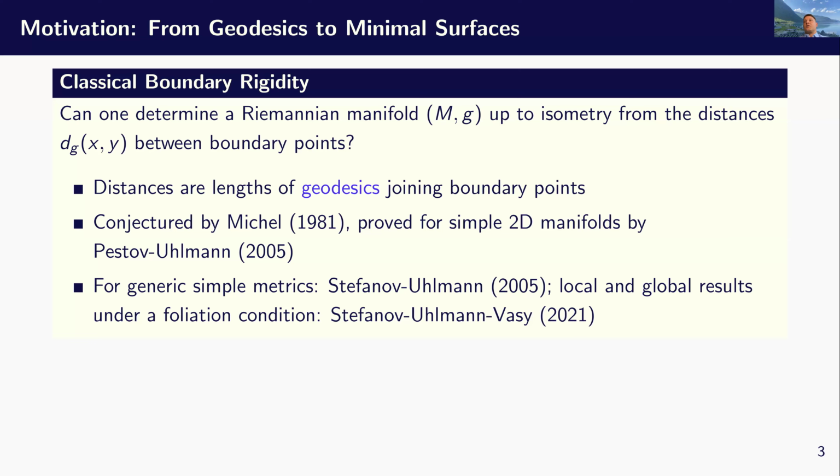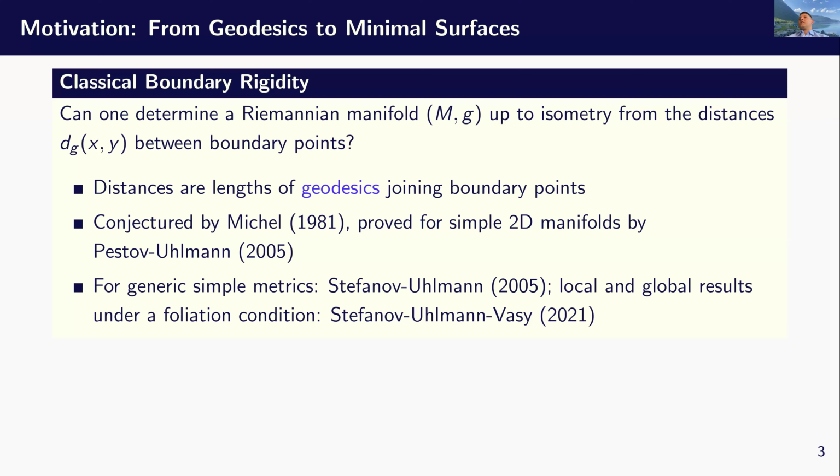and then there's a beautiful paper by Pestov and Uhlmann 2005, and they proved the conjecture for simple two-dimensional manifolds. Then some other beautiful papers for generic simple metrics were proven by Stefanov and Uhlmann, Plamen and Günther, in 2005.